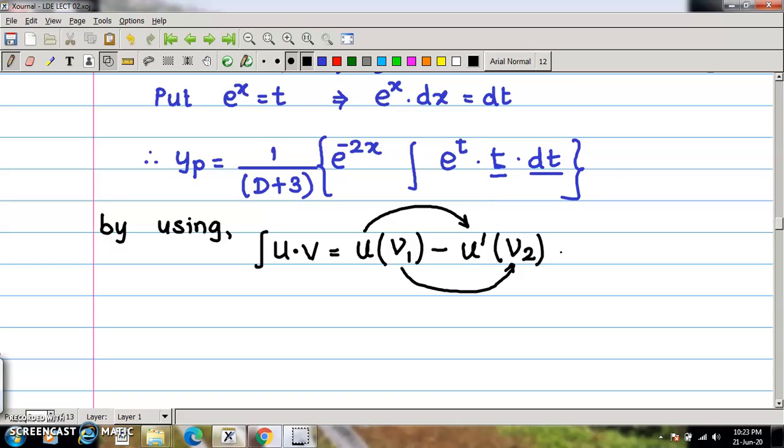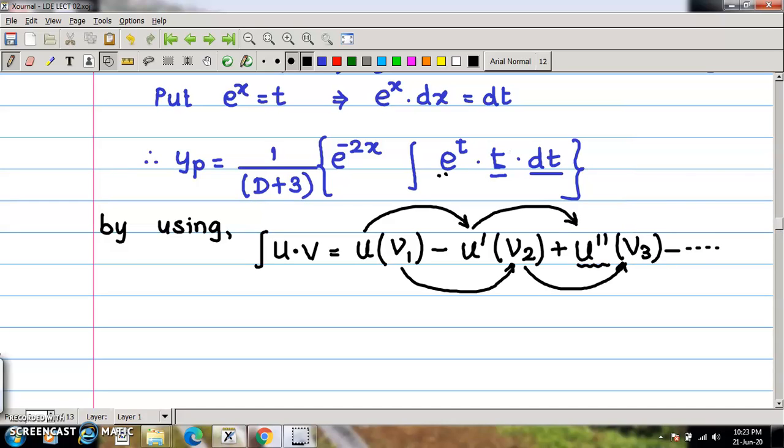If this derivative is non-zero, then alternate the sign. The second derivative means the derivative of the first term here, and the integration of this term here, v3, and so we give alternate plus minus signs until this derivative term becomes 0.